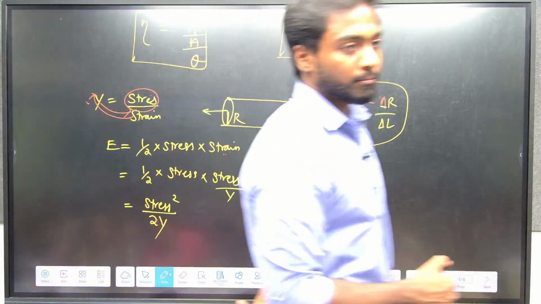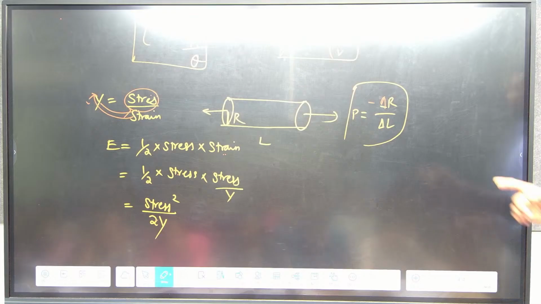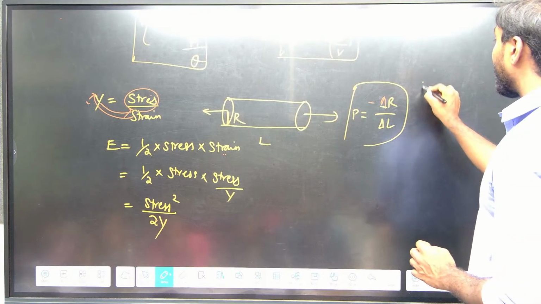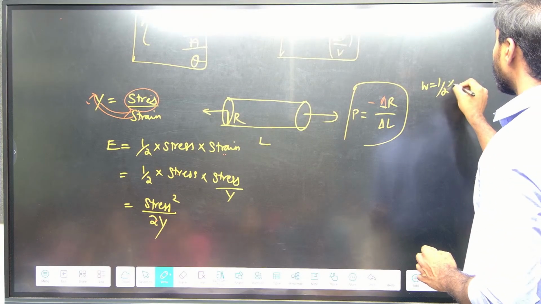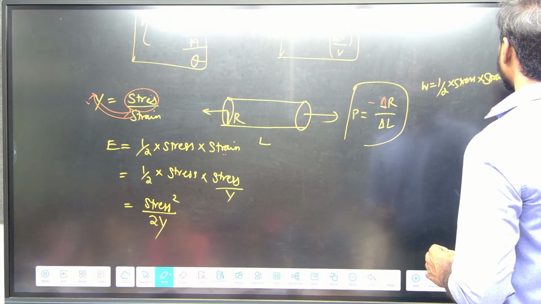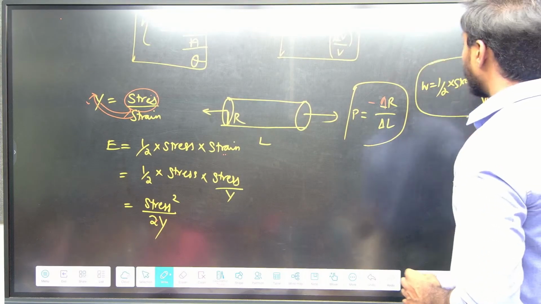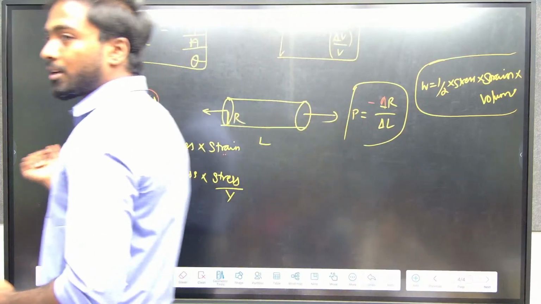Getting the point? So this is for energy. The work done will be half into stress into strain into volume. This is energy and this is work done.